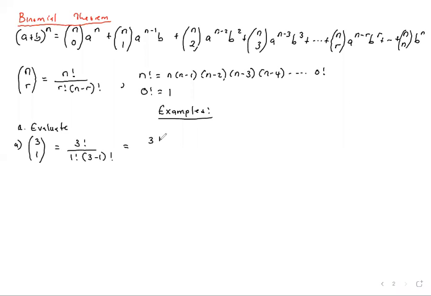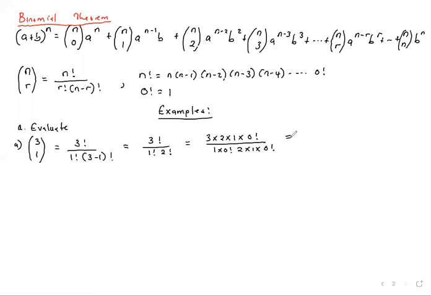That is 3 factorial over 1 factorial times 2 factorial. Now, by the definition of factorial, this is 3 by 2 by 1 by 0 factorial, over 1 by 0 factorial, times 2 by 1 by 0 factorial.